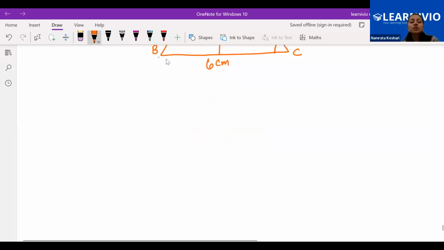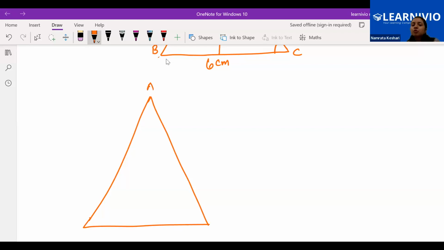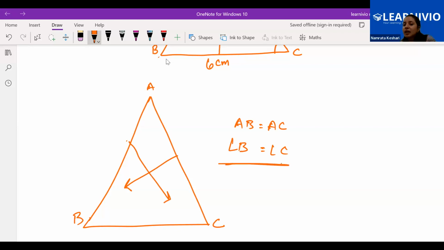That's why, whenever a question in your book says that side AB and side AC are equal, it is clear that angle B and angle C are the same. Why? Because opposite to AC there is angle B and opposite to AB there is angle C.